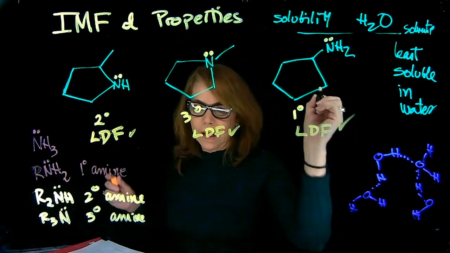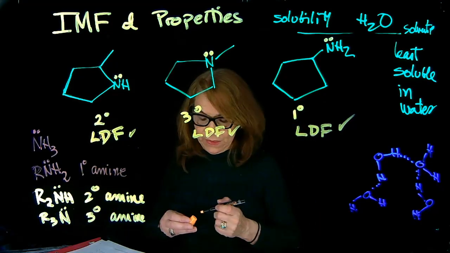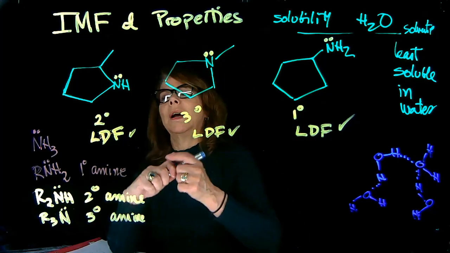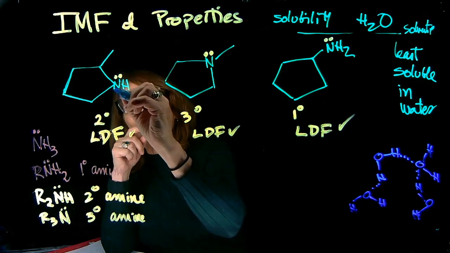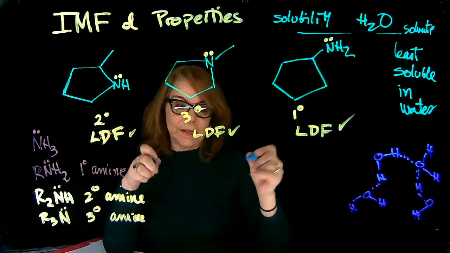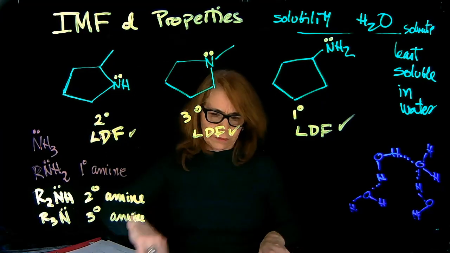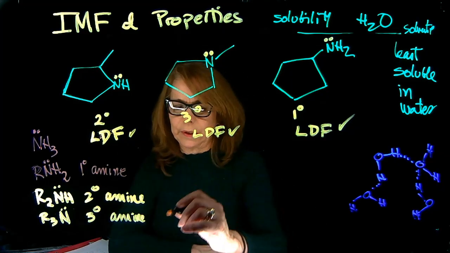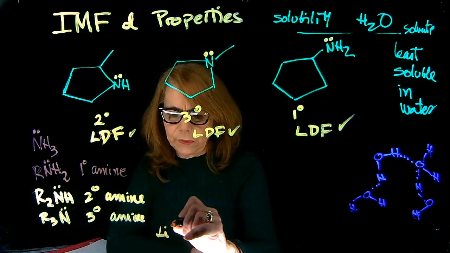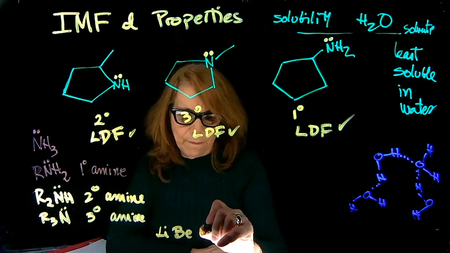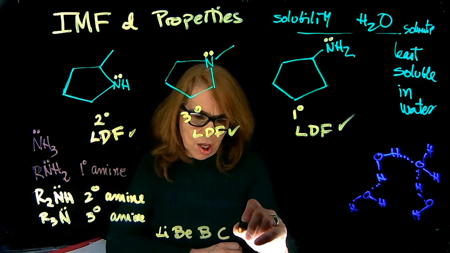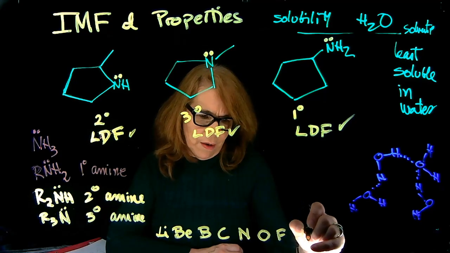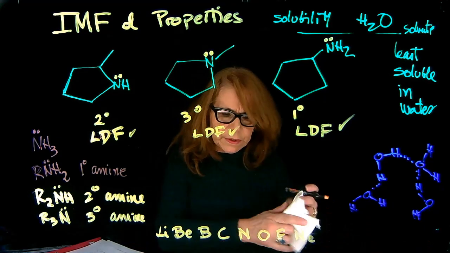All right. The second intermolecular force that we'll be considering is dipole-dipole. Remember that nitrogen, in the periodic table, the second period: we have lithium, beryllium, boron, carbon, nitrogen, oxygen, fluorine, and neon, but I'm going to erase neon for now.